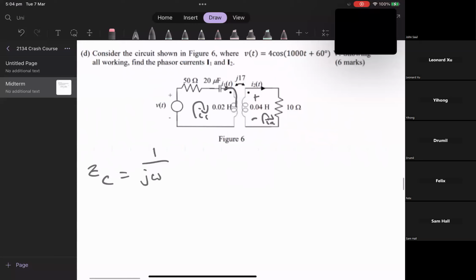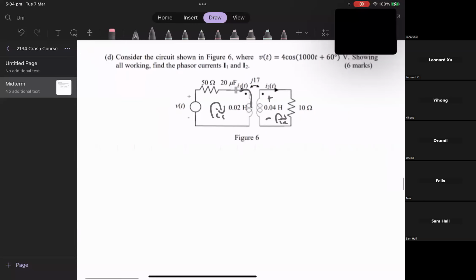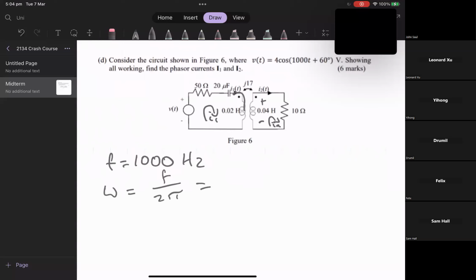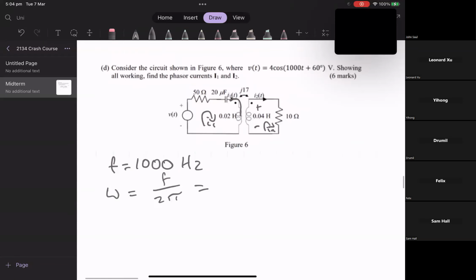I should start by finding what omega is. So f equals 1,000 hertz. Oh, yes, sorry.